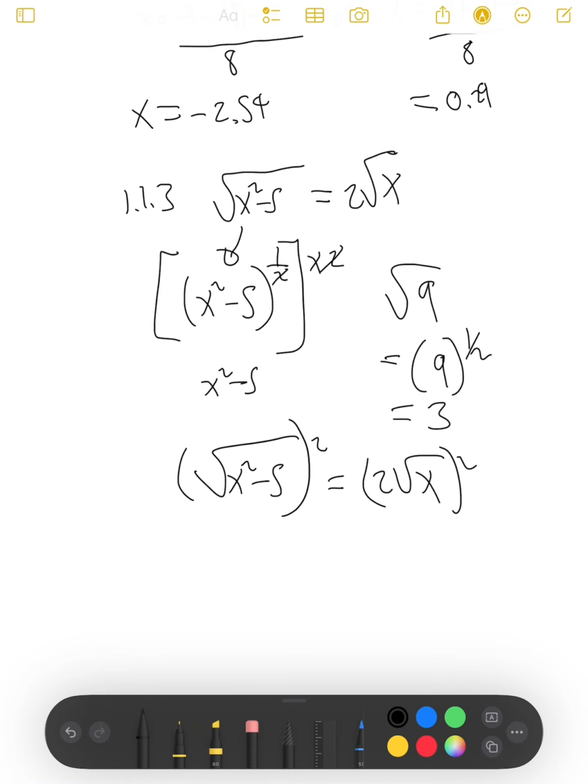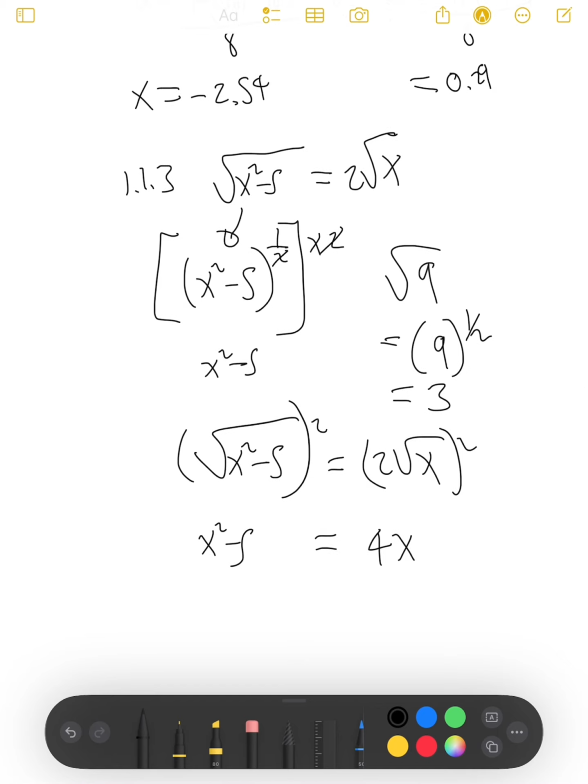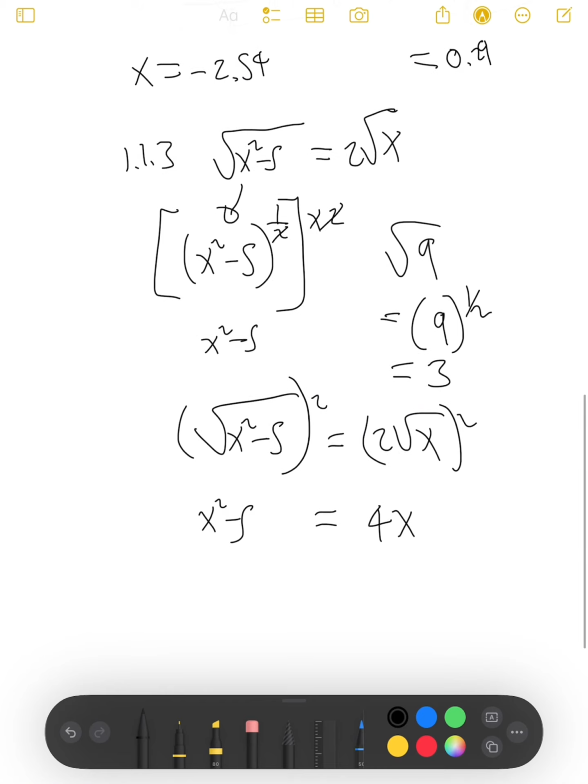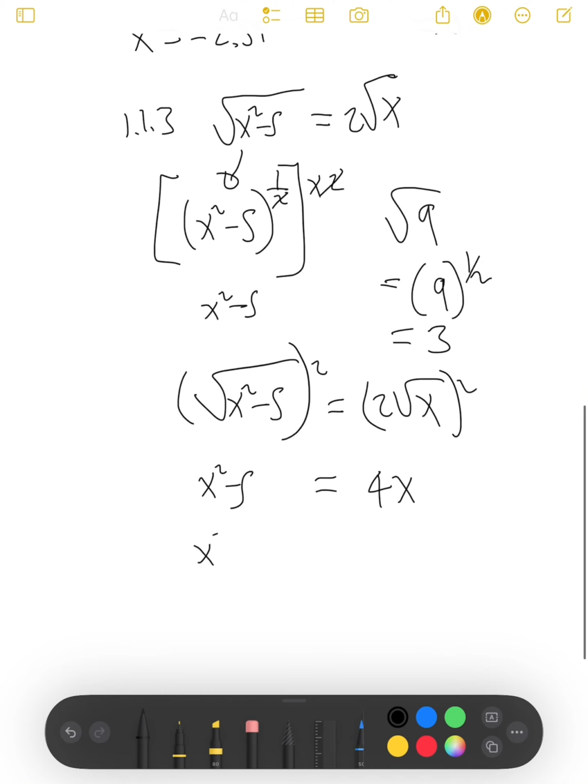Here we're going to have x squared minus 5, since the 2 and 2 cancel, and here we're going to have 4x, since 2 squared is 4, and the square root of x raised to the power of 2 is x. So this gives you x squared minus 4x minus 5 equals 0 after transposing.